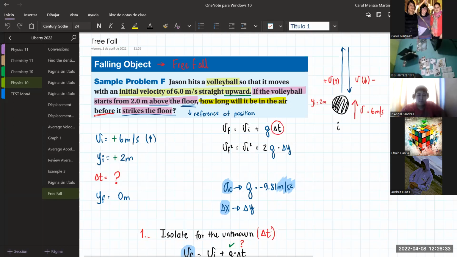I repeat, because it says that the volleyball starts from 2 meters above the floor, because it says above, we're going to put a positive symbol. And because it says initial velocity, 6 meters per second, straight upward, upward is telling you a positive symbol for velocity as well.